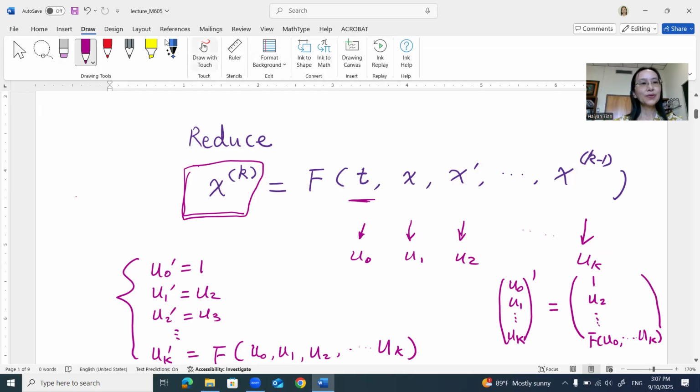Okay, so this is the general strategy to reduce a kth order equation, a general equation in normal form, into a first order autonomous system of equations.